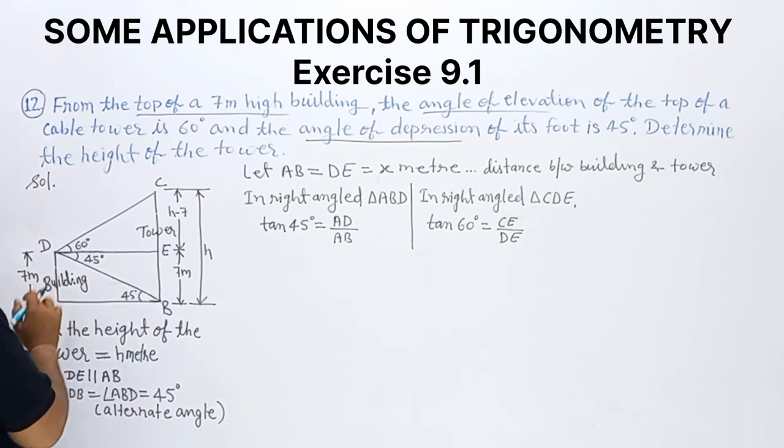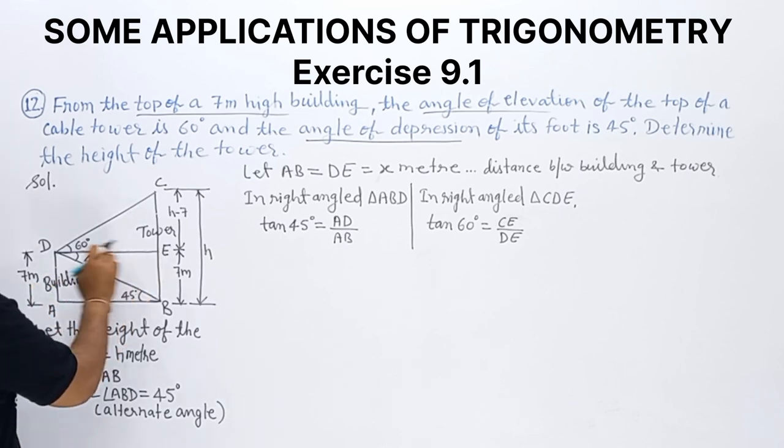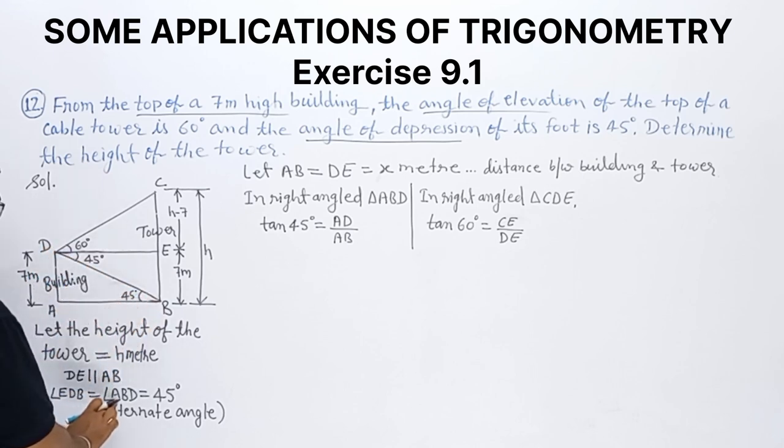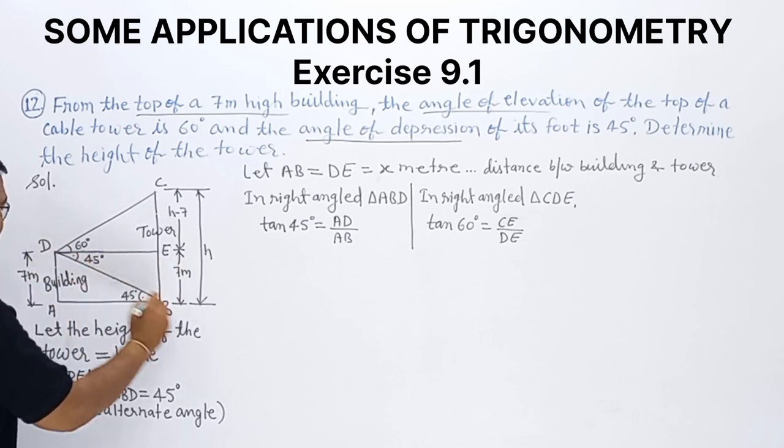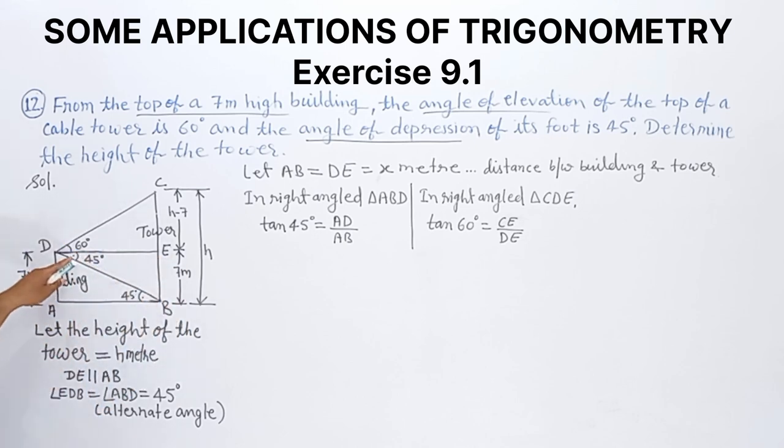Then we can say angle EDB will be equal to angle ABD. Two lines are parallel and one transversal is there, then alternate interior angles will be equal. So this angle will be equal to, as given in the question, 45 degrees. This is the angle of depression. Both are alternate interior angles.